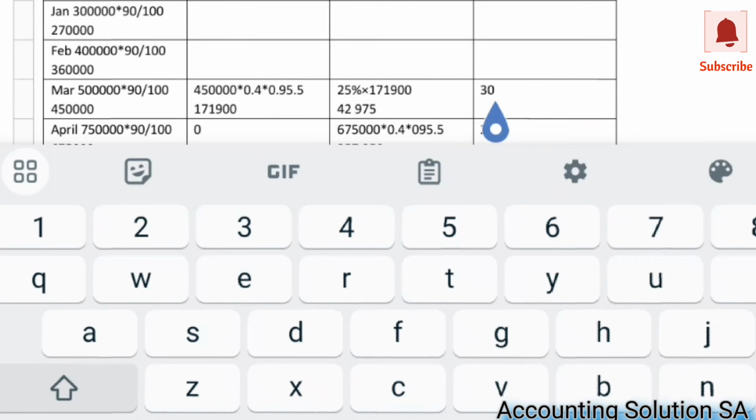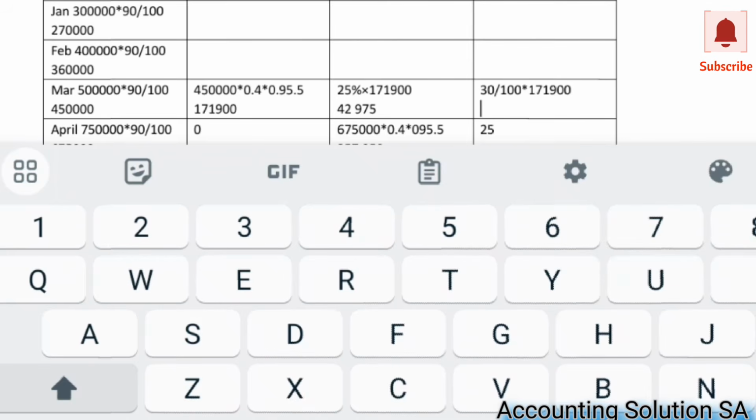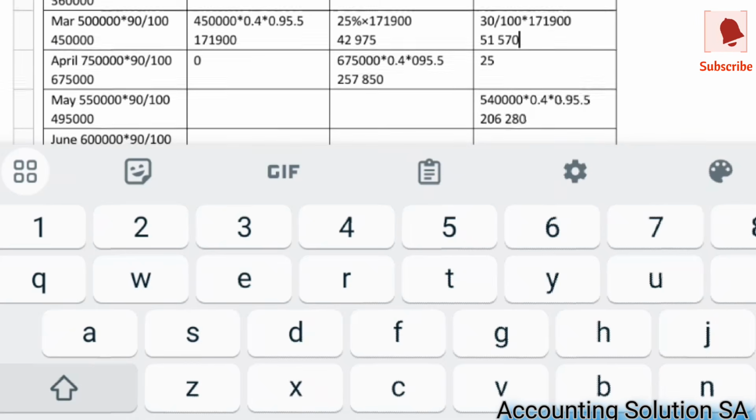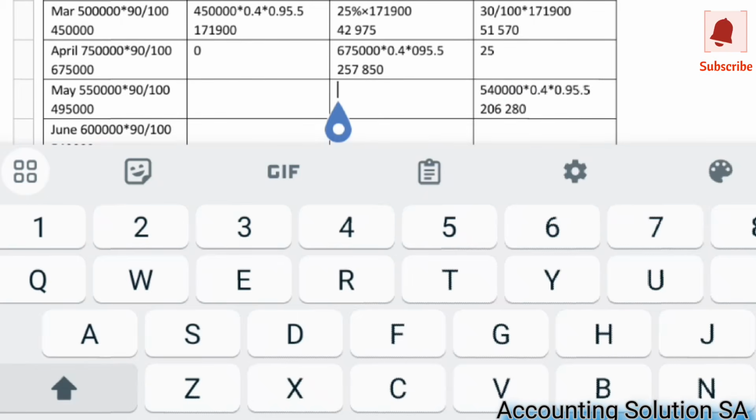And this one is gonna give us 30%. We multiply by 171,900. It's gonna give us 51,570. Simple as that.